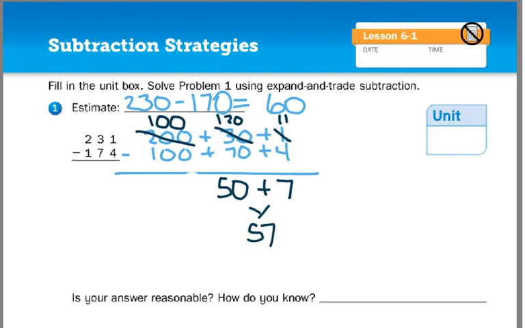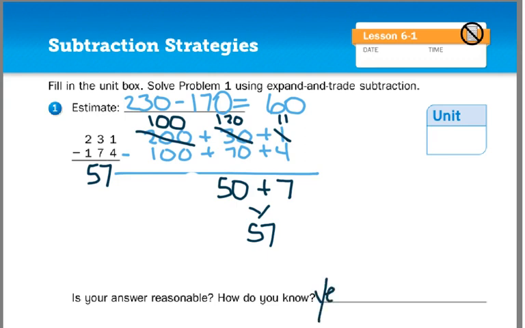So our answer is 57. And our estimate is pretty close, isn't it? Because our estimate was 60, and now our actual answer is 57. Is your answer reasonable?